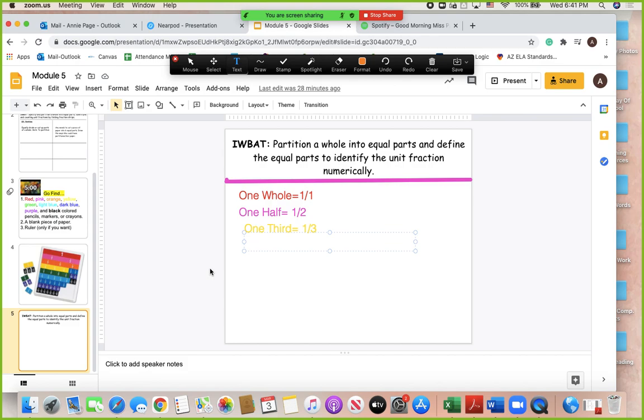The next one is orange, and it's 1/4, which is 1 over 4. I know so far these numbers are not following a rule, right? Half, third, fourth. So it's one of those things where we just have to work hard to remember it.